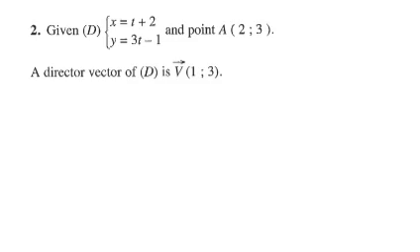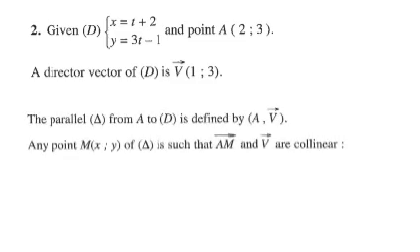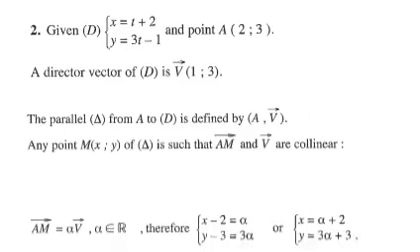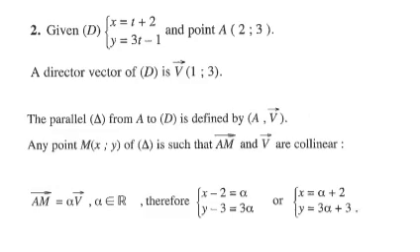The same concept, we are going to pick out the directing vector of the straight line, which is (1, 3), and as you see, the parallel to D is defined by a point and a vector, and AM and V are collinear, so you apply the same rule, but I'm not going to do the collinear, I'm just going to make them AM equals alpha V, as we learned how to do the parametric equation, and after ordering them you are going to get x equals alpha plus 2, y equals 3 alpha plus 3. You can replace alpha by any parameter as long as it belongs to the real numbers R.